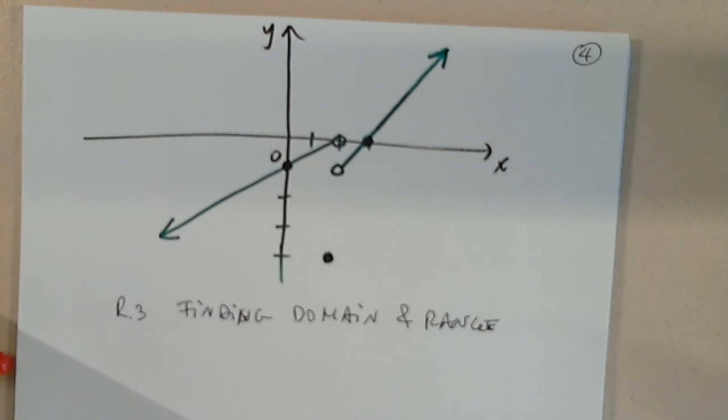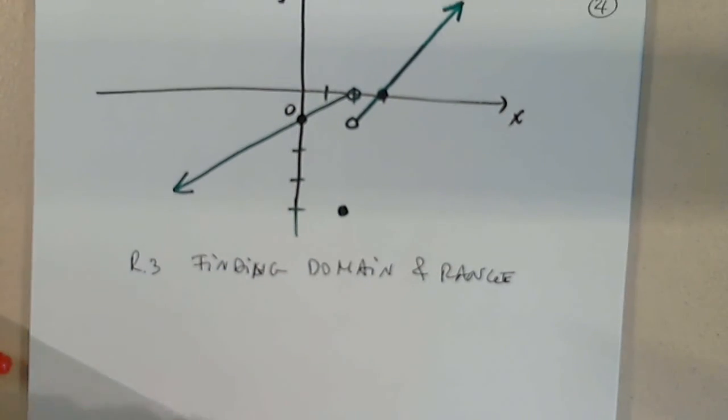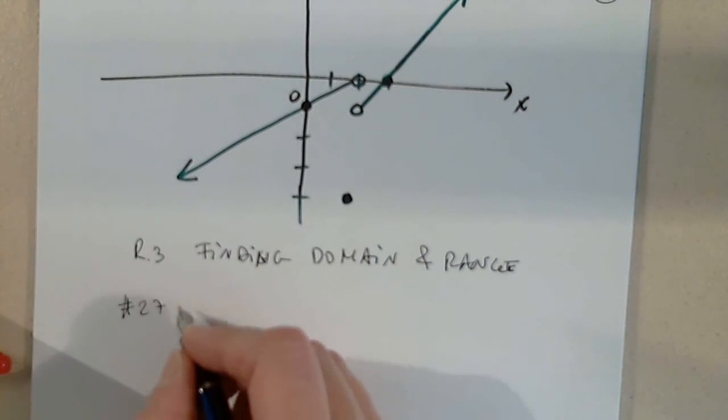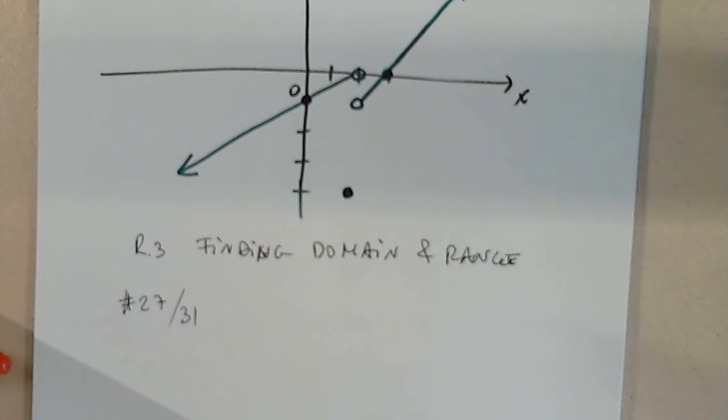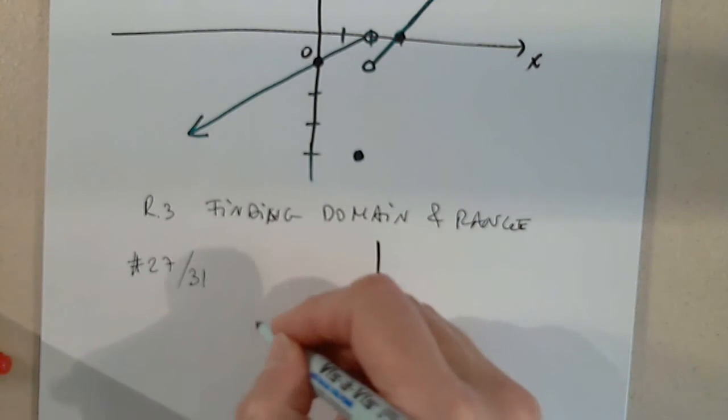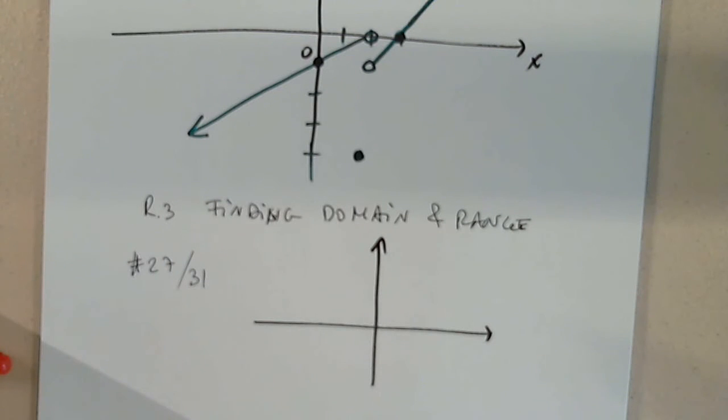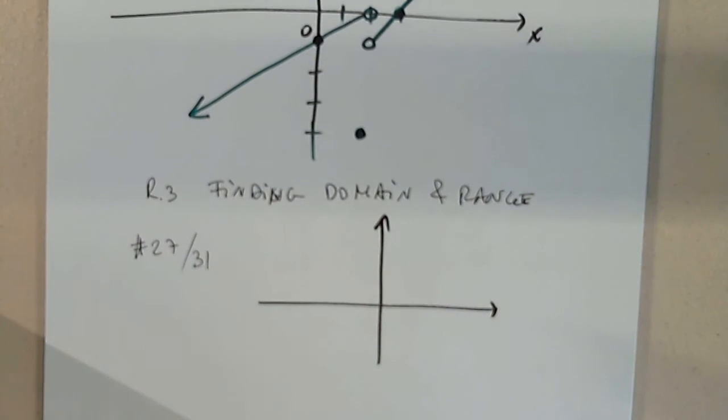And I would like to look at a couple of problems here as well, like problem 27 on page 31. And I will be reading from the graph from the book, not from my graph, which kind of looks like this.